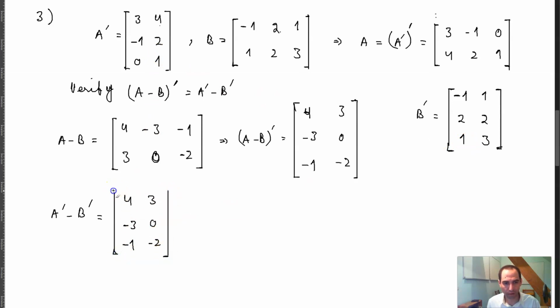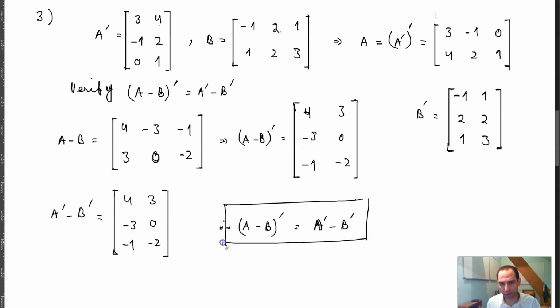And therefore you can say that (A minus B) prime is the same thing as A prime minus B prime. That is basically what we wanted to show.